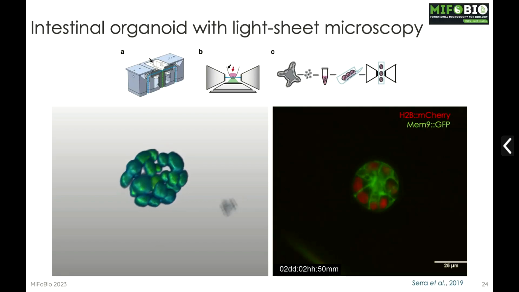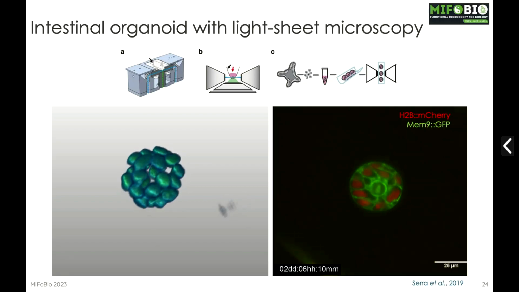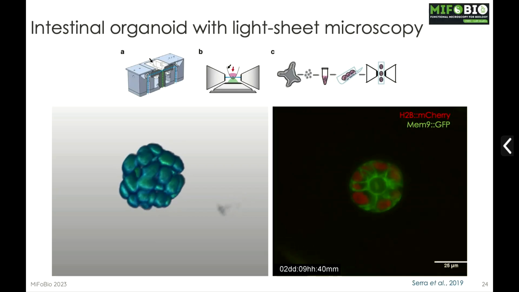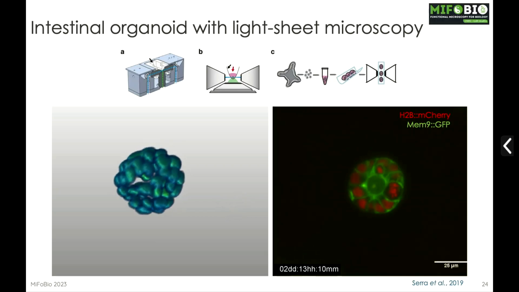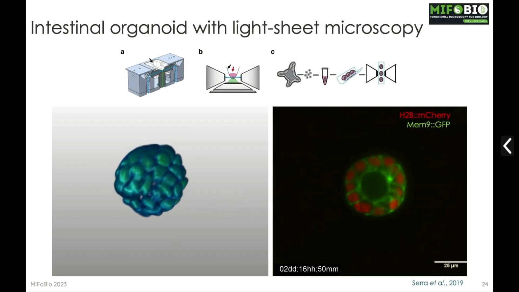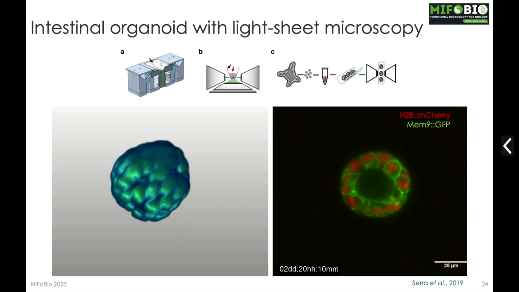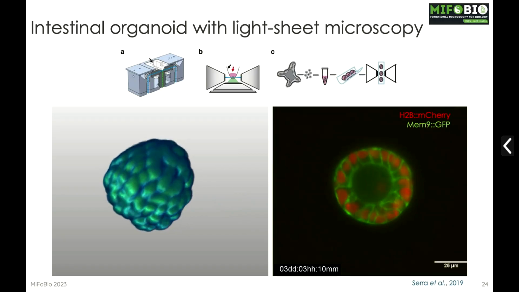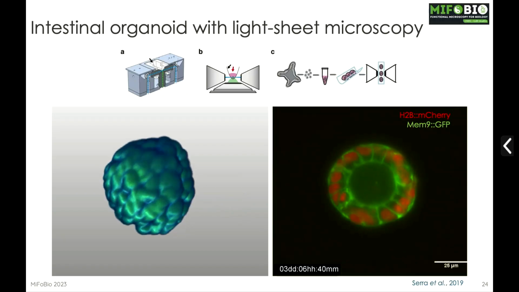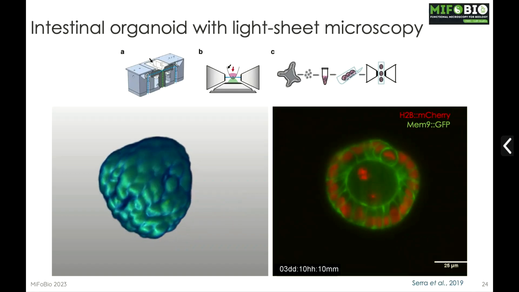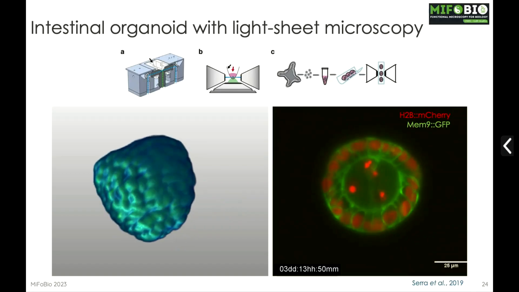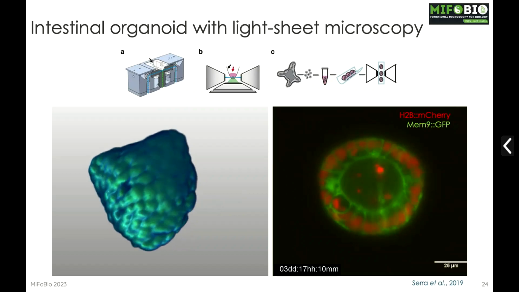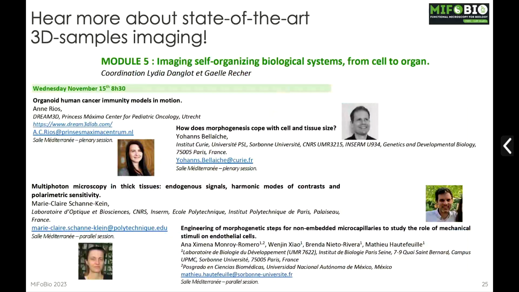So you cannot just include them in agarose, otherwise they just don't develop well. And here, by the end of the movie, you will see that you will have protrusions and so on. So they were really having some nice outcomes from the techniques, and then many papers to come with relevant biological questions.